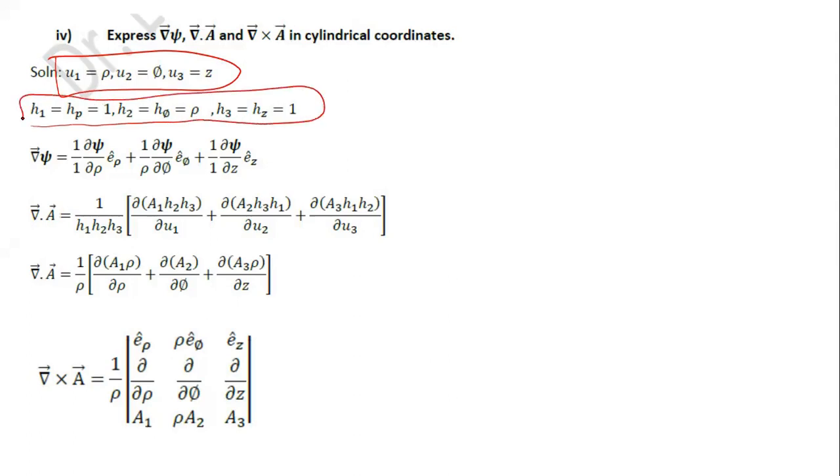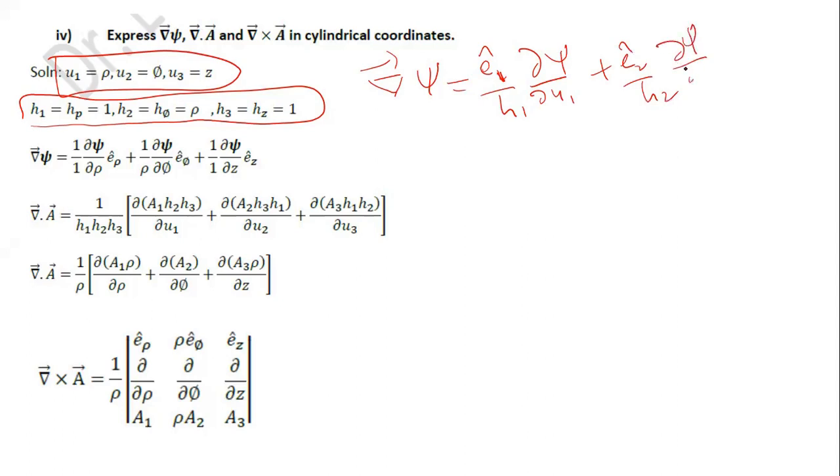The gradient of psi, as we know it, is e1 cap upon h1 del psi upon del u1, plus e2 cap upon h2 del psi upon del u2, plus e3 cap upon h3 del psi upon del u3.